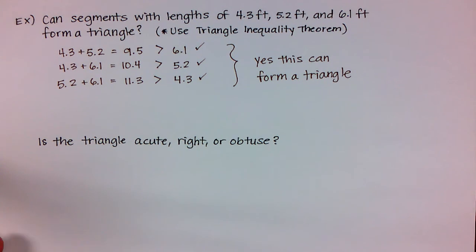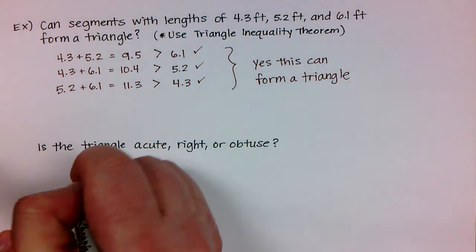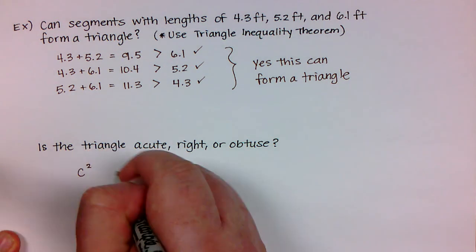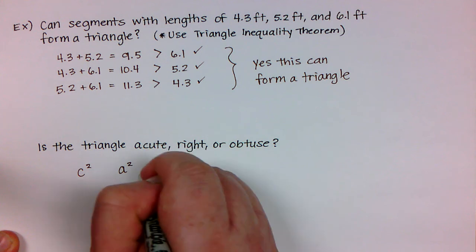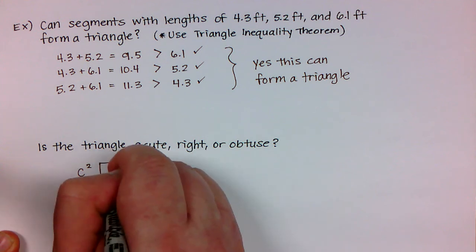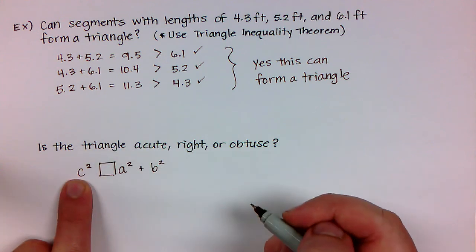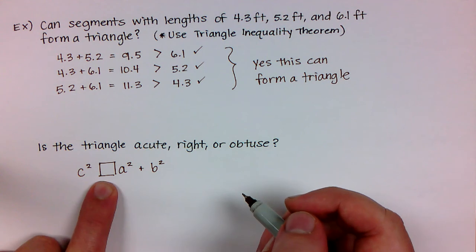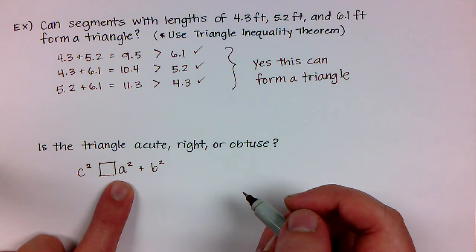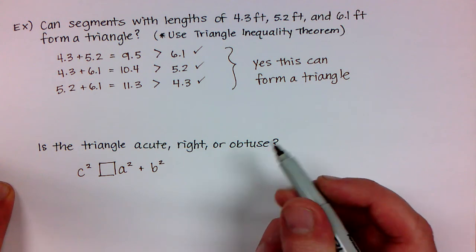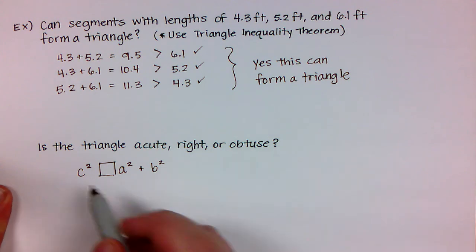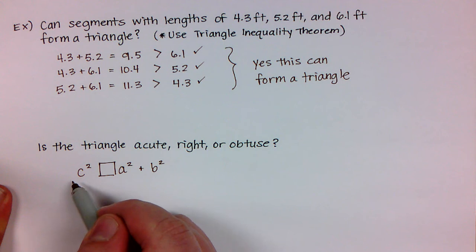And so to do that, we're going to use the format of the Pythagorean theorem. The only thing that we don't know is if the c squared is equal to, less than, or greater than the sum of a squared plus b squared. Okay? So let's just fill in the things that we know. The c is always going to be the longest side.